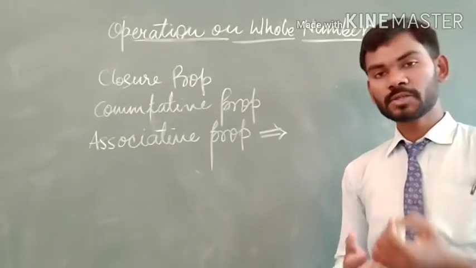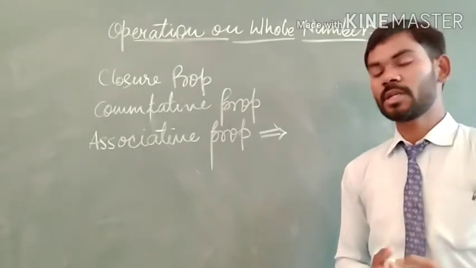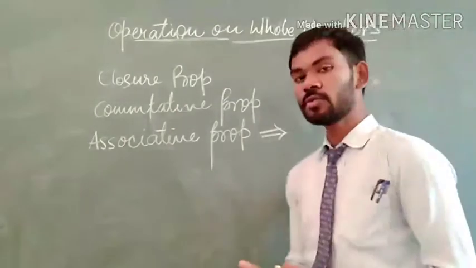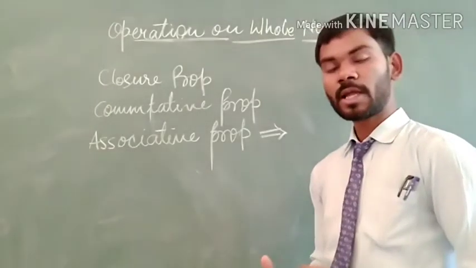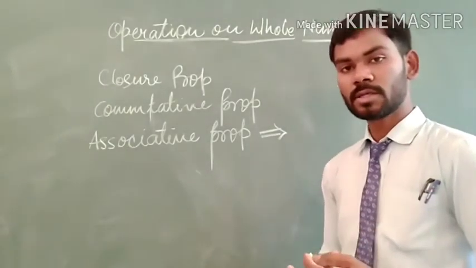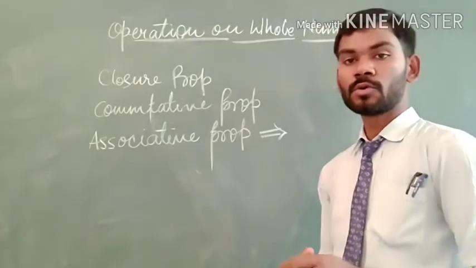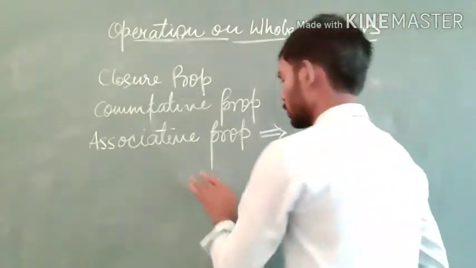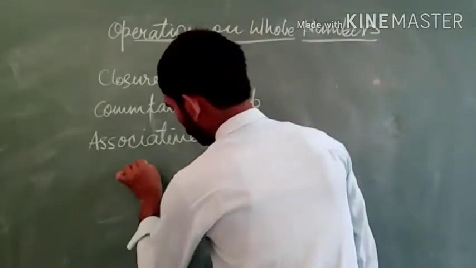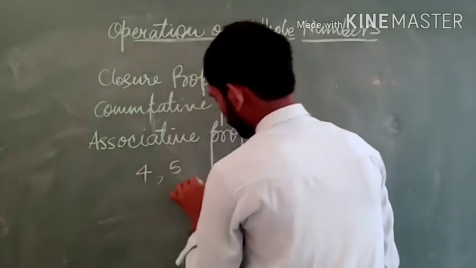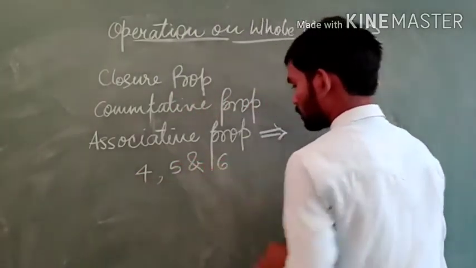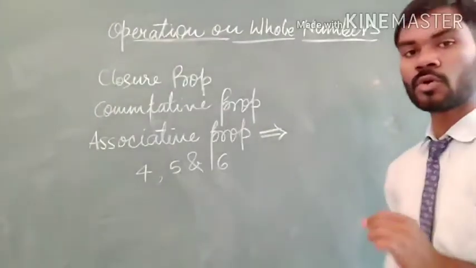For the associative property, we need at least 3 members from the family of whole numbers. So let us suppose 4, 5 and 6 are any 3 whole numbers.